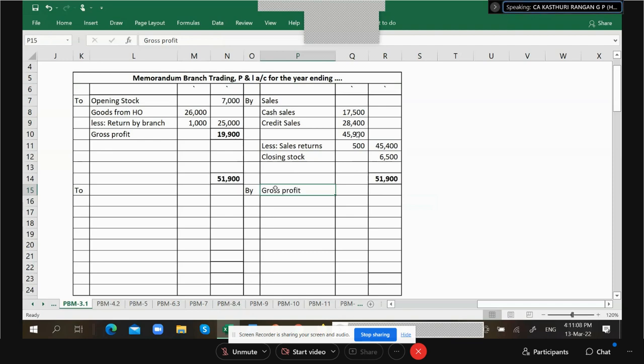So the gross profit 19,900 is taken to the P&L account. Now you record all the expenses at the branch: salary, wages, rent, sundry expense, discount allowances, bad debts. Salary, wages 6,200, rent 1,200, sundry expense 800, discount allowance 1,600, bad debts 600.